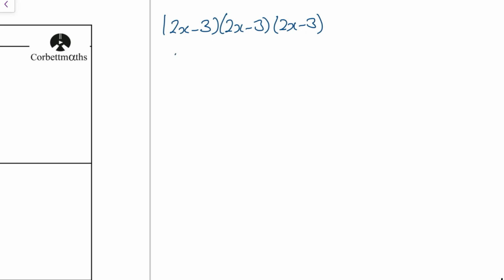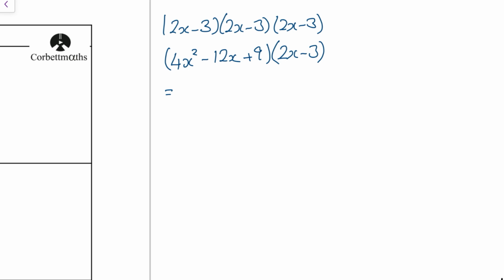Good. Right, first bracket, so 2x times 2x is 4x squared. 2x times minus 3 is minus 6x, but then I double it to give me minus 12x. And minus 3 times minus 3 is plus 9. So far, so good. And then I've got another 2x minus 3. Now, if you've seen me do these before, I then write these in columns, which makes it easy to add up.